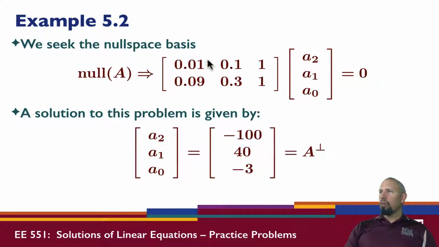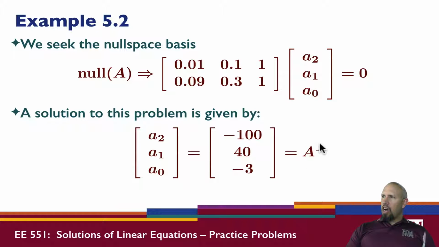So one way to find the null space basis is to take this matrix, multiply by some vector to give 0. And so that gives us 2 equations and 3 unknowns, which can be given by this expression. It turns out that we get redundant information, and so we only end up with 1 column.